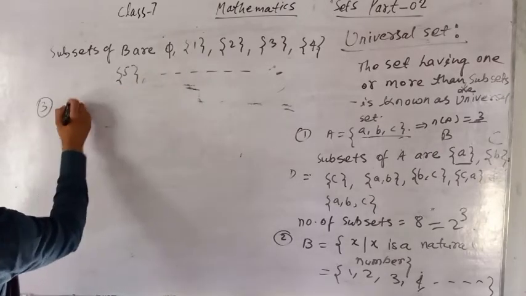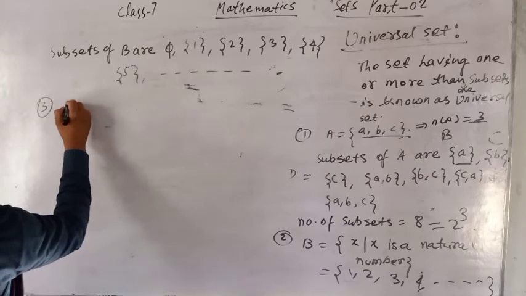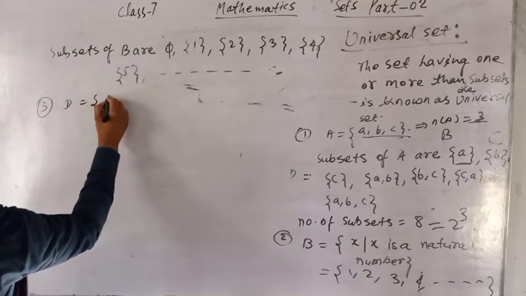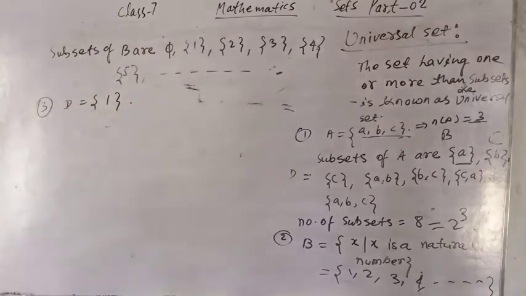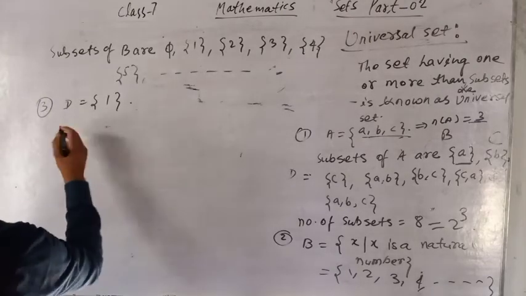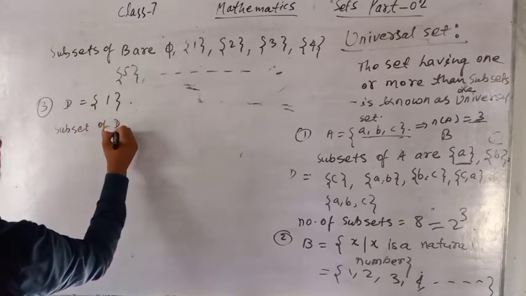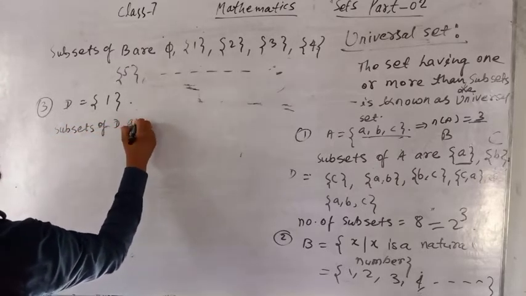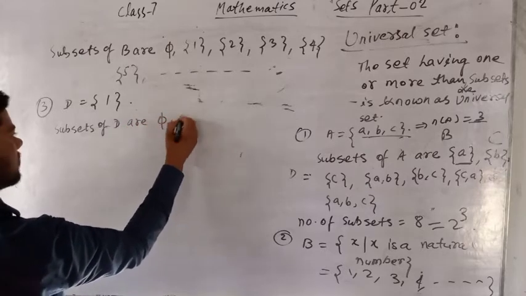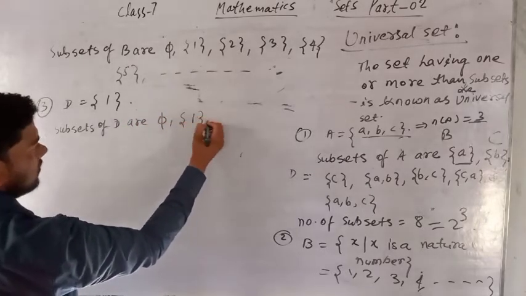One more example. Suppose the set D = {1}, a singleton set, and you have to write the subsets of D. Subsets of D are phi and {1}.